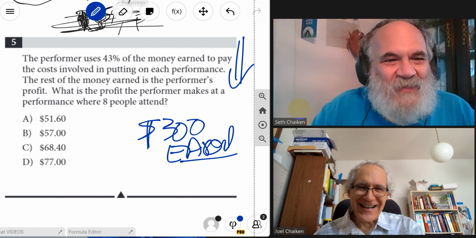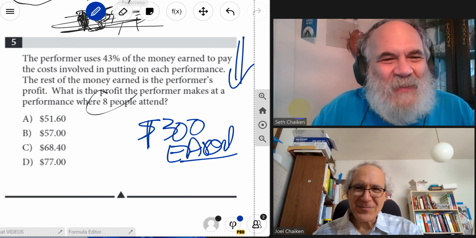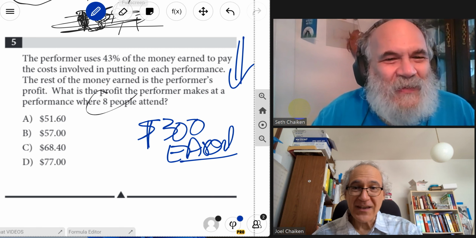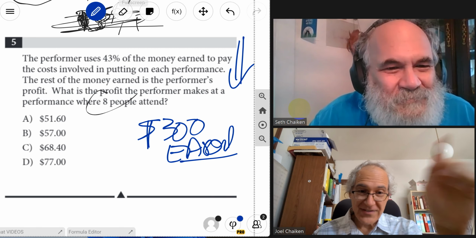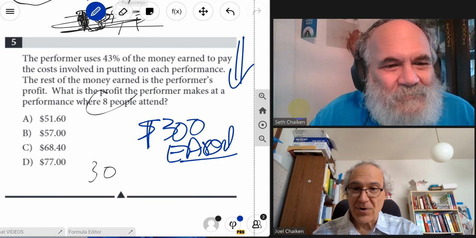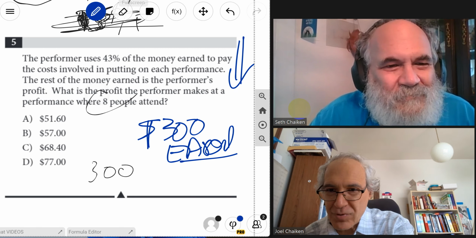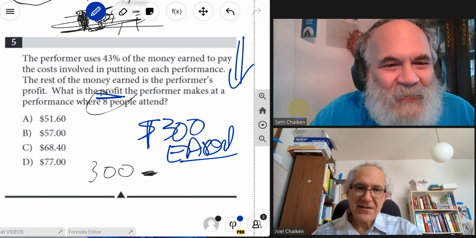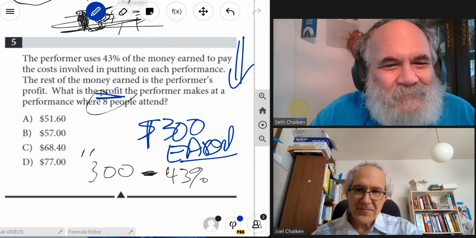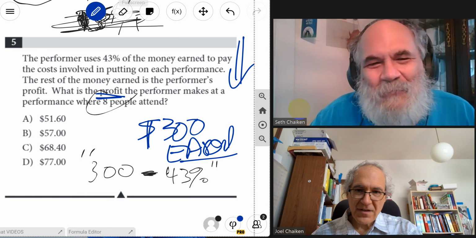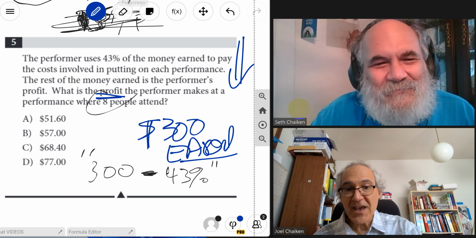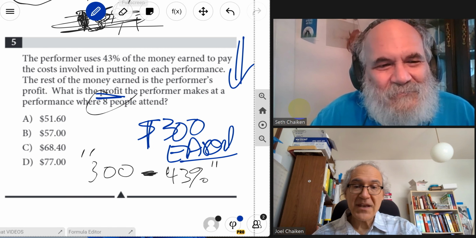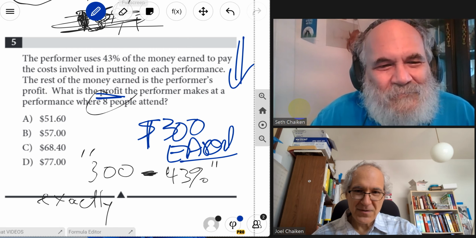Now we actually have to do the problem. This is where Seth's always into, what are they asking for? What is the profit that he makes? So in other words, he has to pay 43%. He makes 57%.